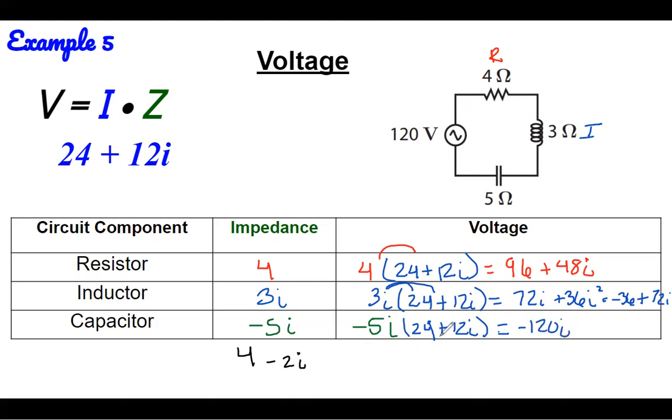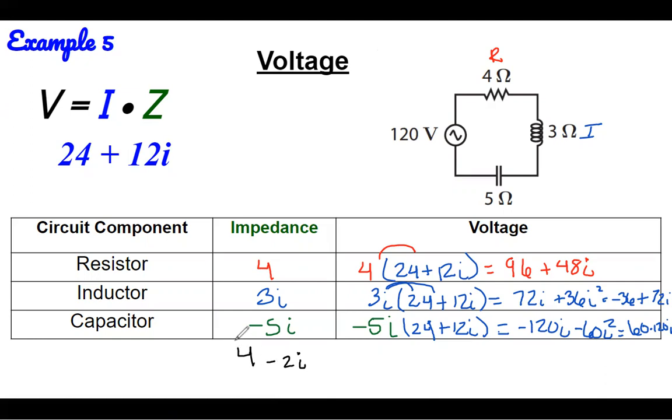And negative 5i times 12i is negative 60i squared. All right, let's simplify this very quickly. Negative 60i squared becomes positive 60, minus 120i. Not too bad, right? All right, and the last part.